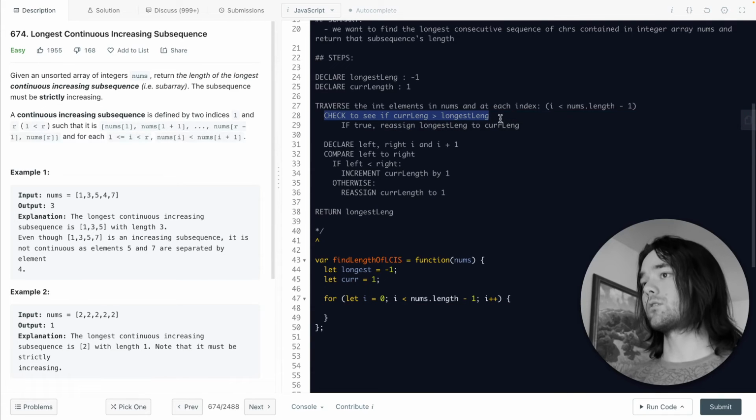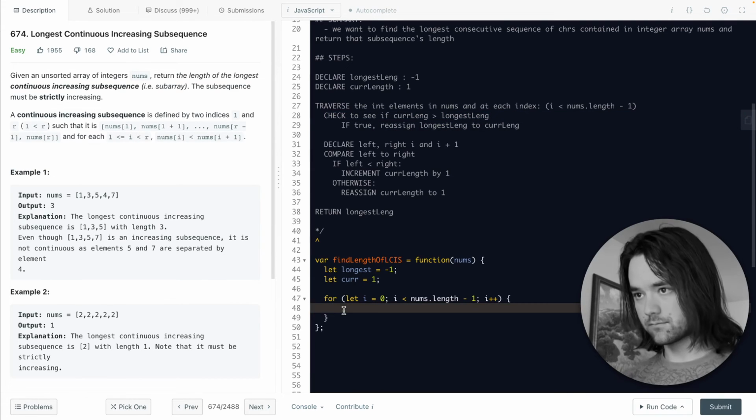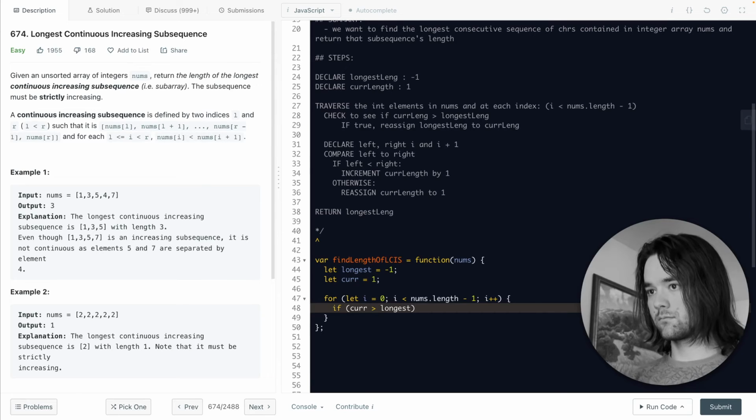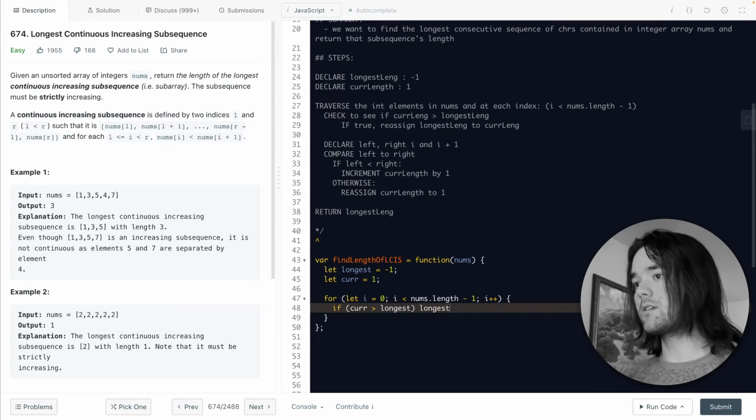Now we want to check to see if the current length is greater than longest length. And if it is, then we want to reassign longest to the value of current.